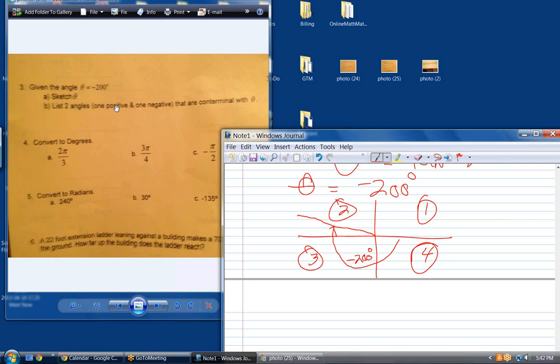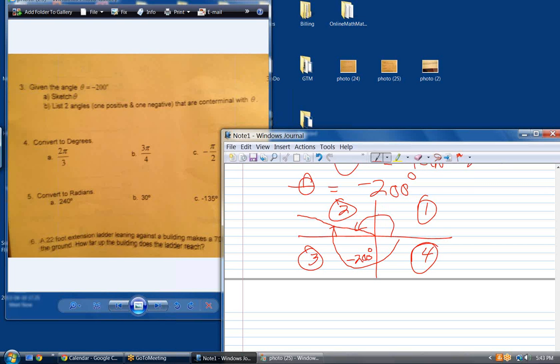List two angles, one positive and one negative, that are coterminal with theta. So what positive angle? In other words, what is the measurement of this angle? It'd be 160.